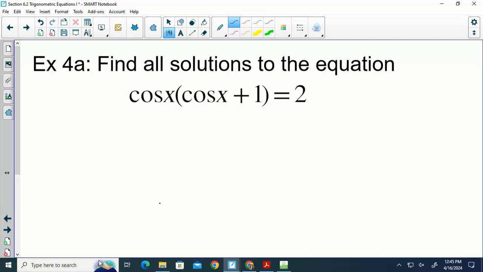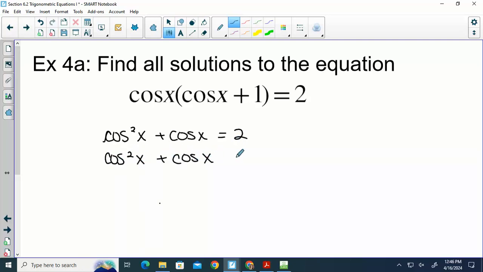Yes. So the problem is it's not equal to 0. It's factored, but if it's not equal to 0, that doesn't help. So if we distribute first, we get cosine squared x plus cosine x equals 2. Then we can subtract over the 2. And now we can refactor.